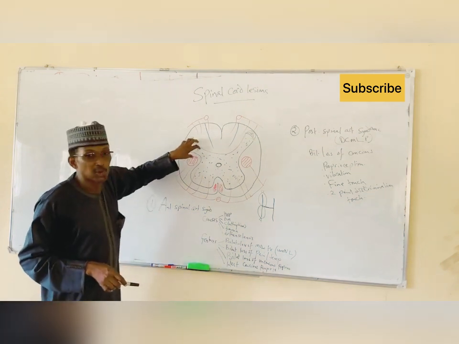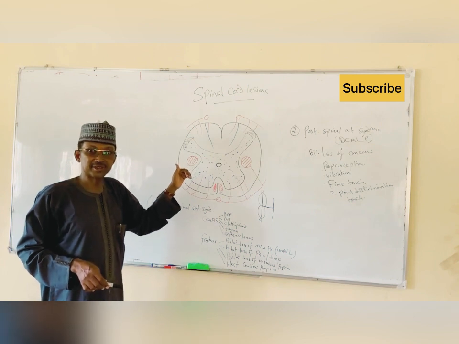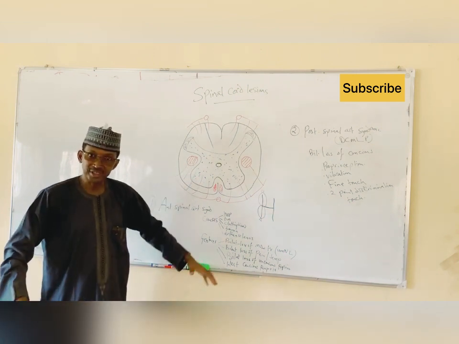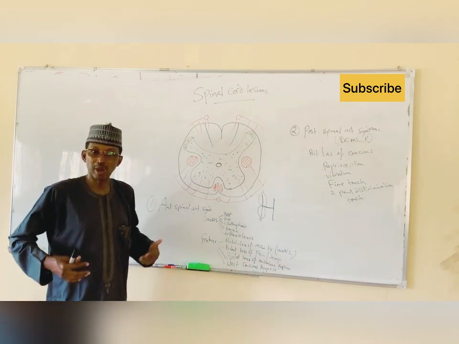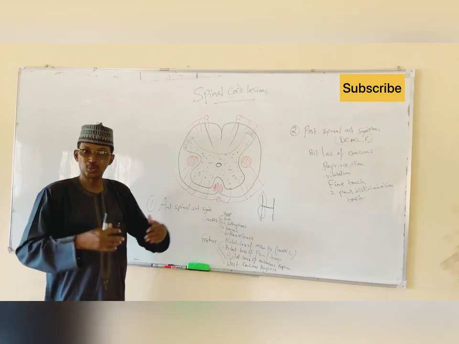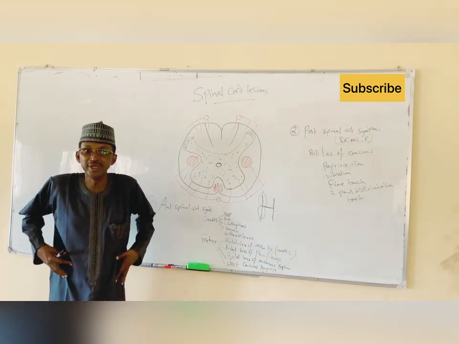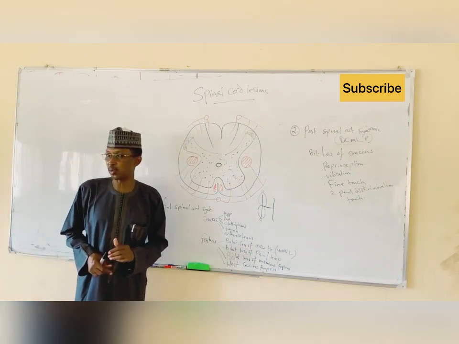The posterior horn of the spinal cord carries the sensory information to the cerebral hemisphere. So all the sensory information from our own body, be it pain, temperature, vibration sense, proprioception, two-point discrimination, whatever kind of sensation from the different parts of the body, passes through the posterior horn of the spinal cord.